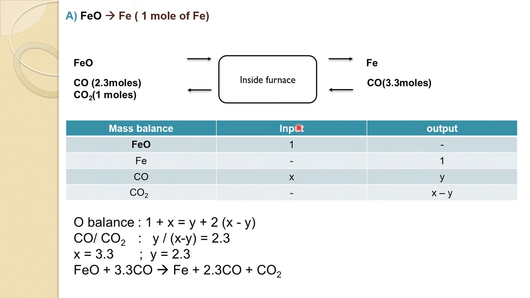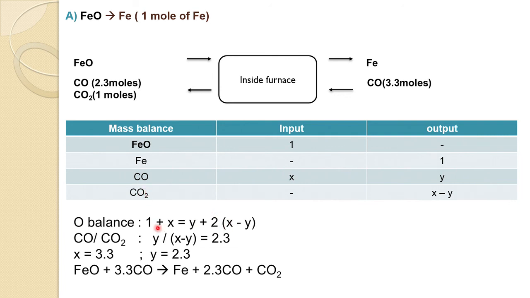So, 1 mole of FeO reacts with x mole of CO, giving you 1 mole of iron, y mole of CO and x minus y mole of CO2. If we do the oxygen balance again, 1 plus x equals y plus 2 times x minus y.